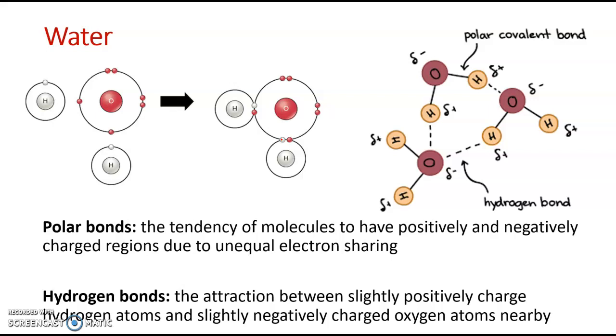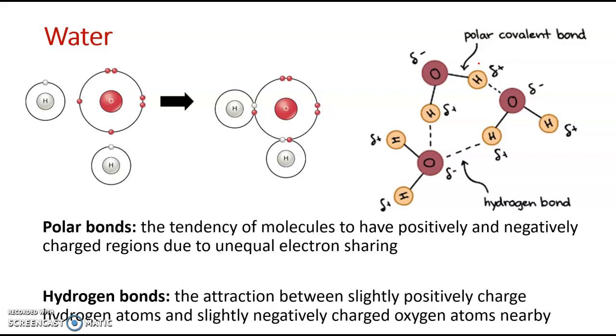So we're going to see that because of those slightly charged regions, individual molecules of water have this tendency to stick together, because the slightly negative side on one molecule is going to be attracted to the slightly positive side of the next molecule. And those are called hydrogen bonds.